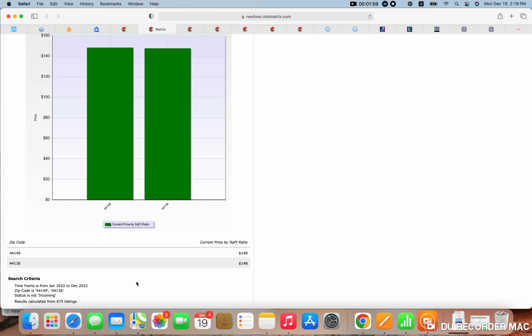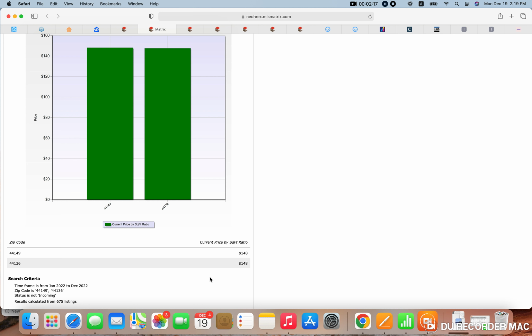So we are essentially at the end of the year, about 3 weeks into the month of December. All of the results calculated here are actually from any active listings, any under contract listings, so that's going to be contingent or pending, and then sold listings as well.